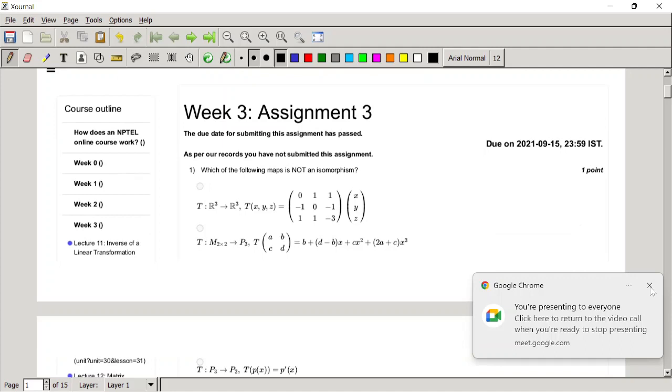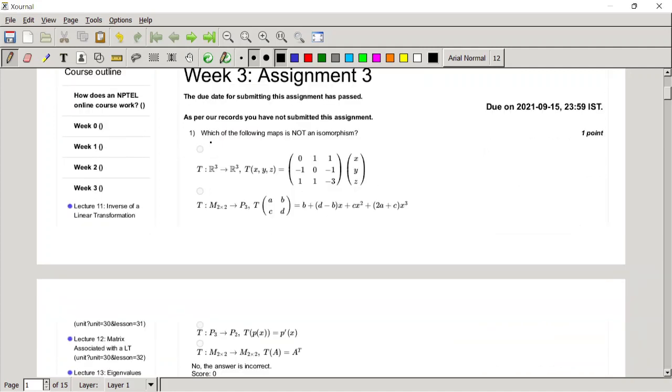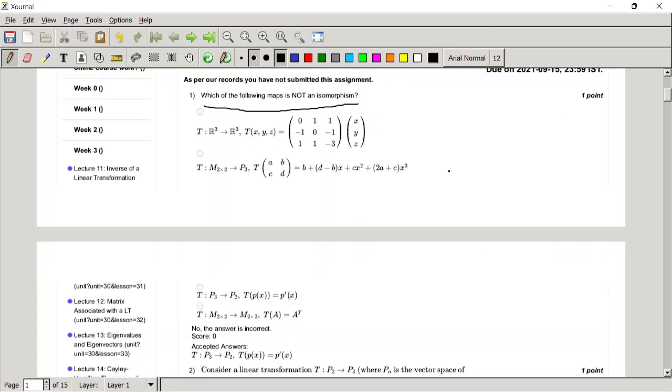So here is the first problem. Which one of the following maps is not an isomorphism? I think you all know when a linear transformation is called an isomorphism. Let me write it.